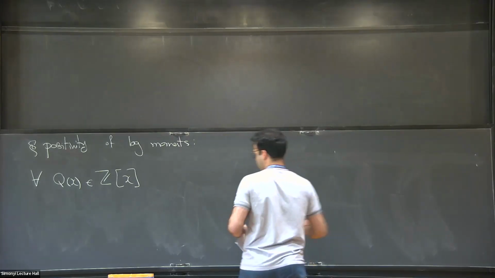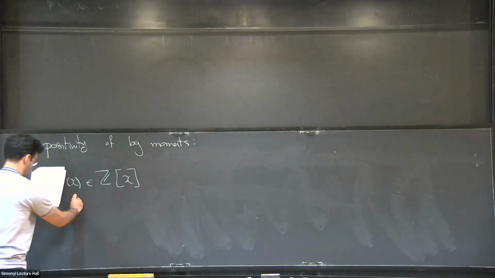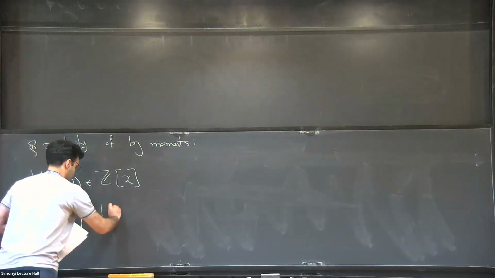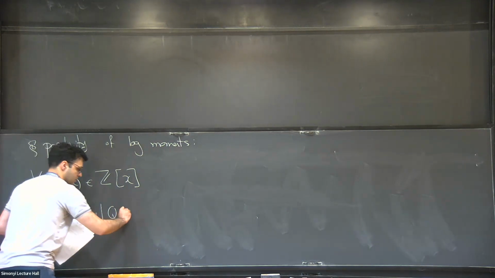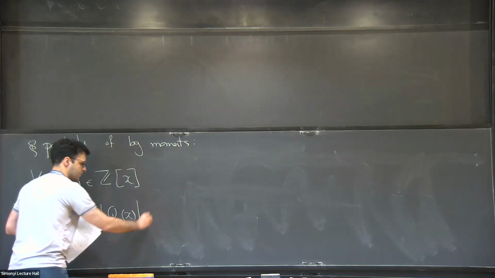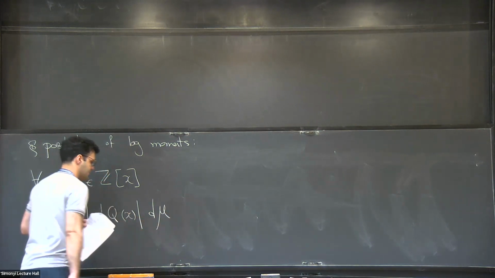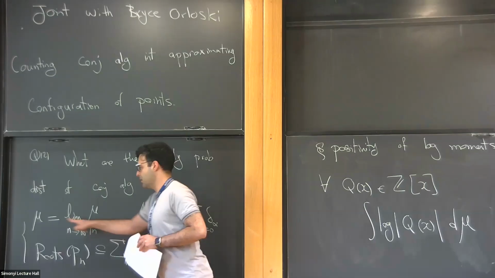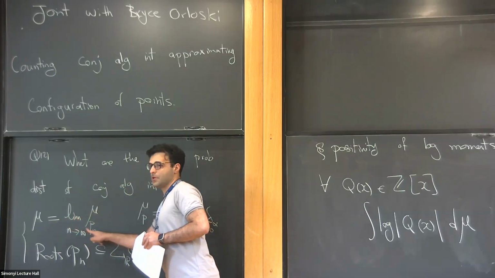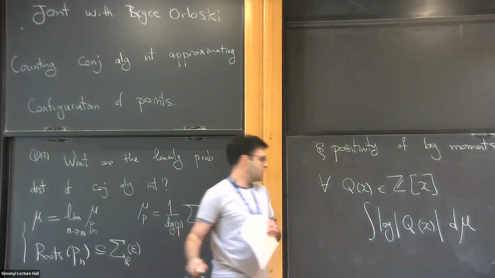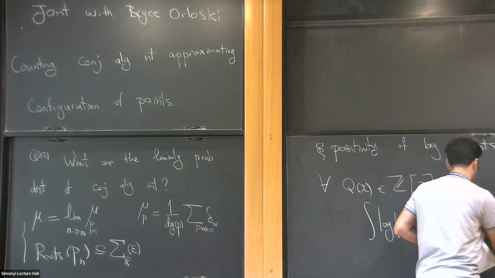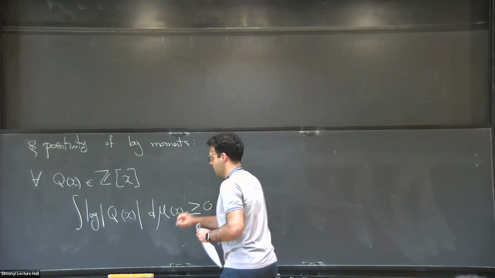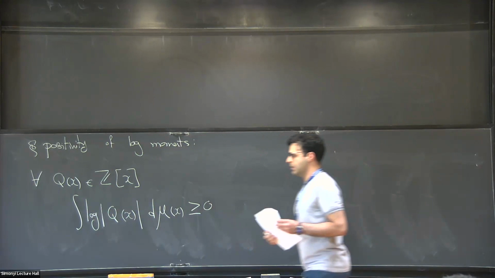So this integral has to be positive, basically: the integral of log of the absolute value of q(x) against your measure. Let's call this measure arithmetic, the ones which are going to be the limiting measure of some algebraic set of integers. So the expected value of log of the absolute value of q(x) has to be positive for every test function q(x).